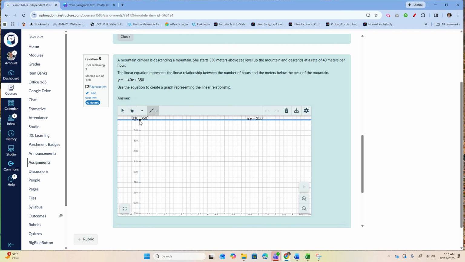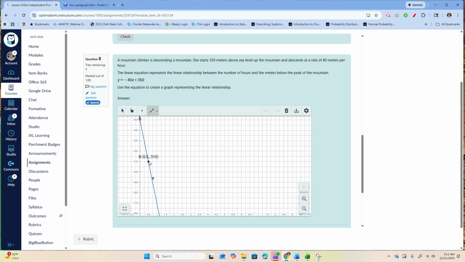Negative 40 is my rise. Because it's negative, I'm going down. So I'm going to go down 40. Now look at the numbers here. You're not counting by 1, you're counting by tens. So I'm going to go down 40: 10, 20, 30, 40. See, I went down 40. And then my run is 1. So you start moving, okay?